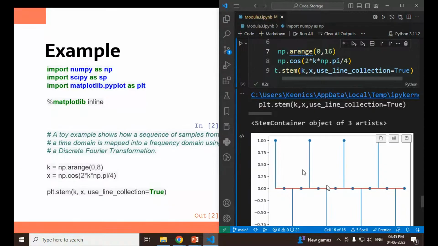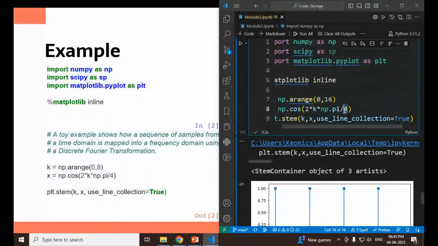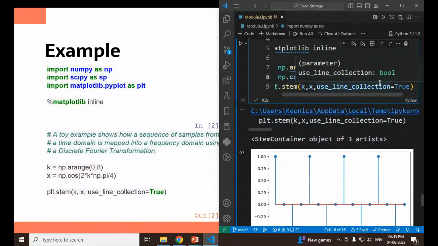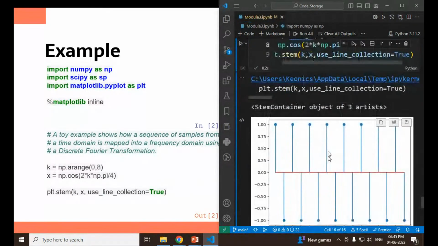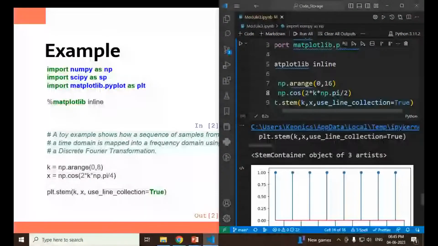If you change the first parameter, what? And if you change it to this one, we'll make it 2, and you'll see there are points available only on either side of it. The sharpness of the curves will be missing actually.